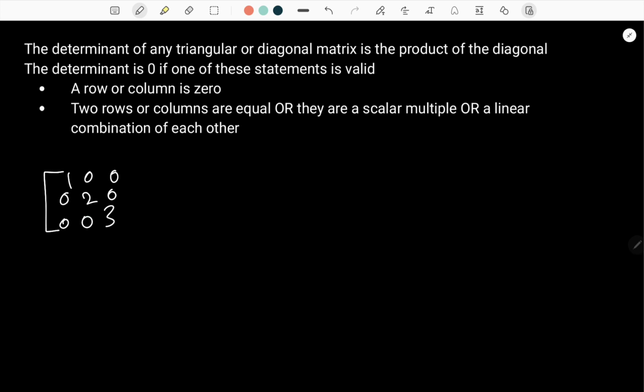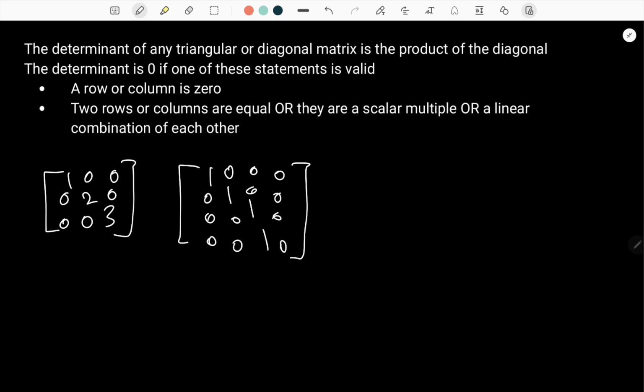A diagonal matrix is basically a matrix which only has numbers on the diagonal itself. So very simple to understand. And let's take a 4 by 4, 1 1 1 1 and zeros. Yeah, so this is what a diagonal matrix is.